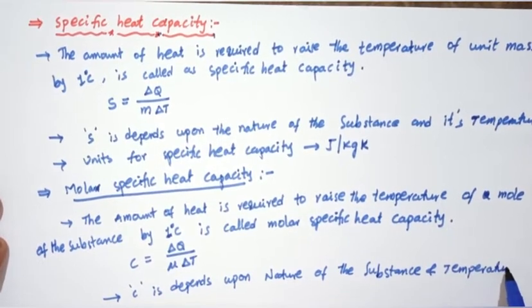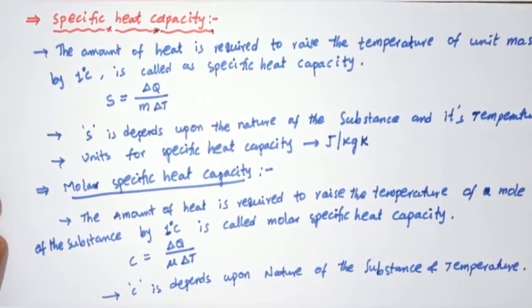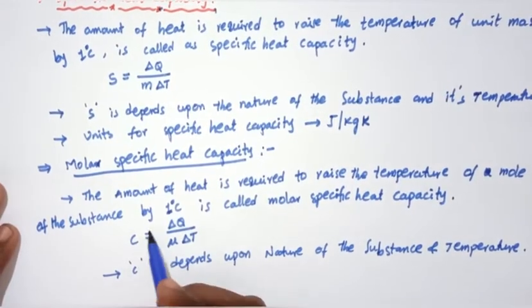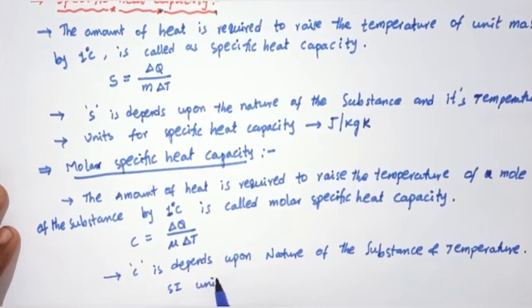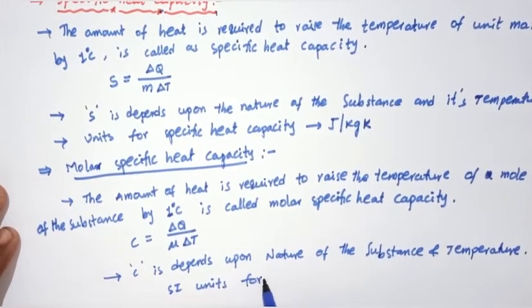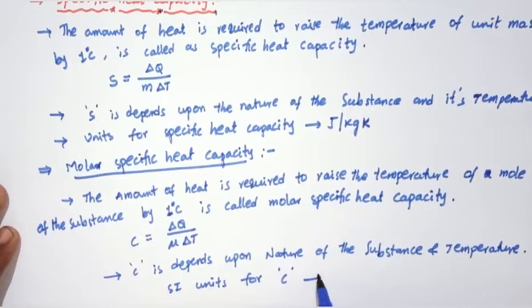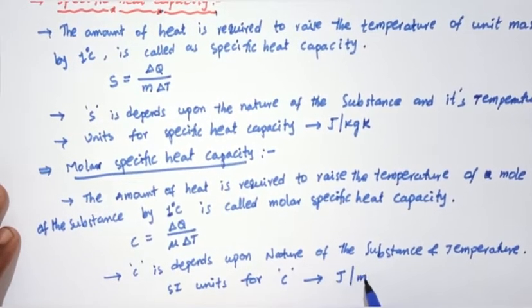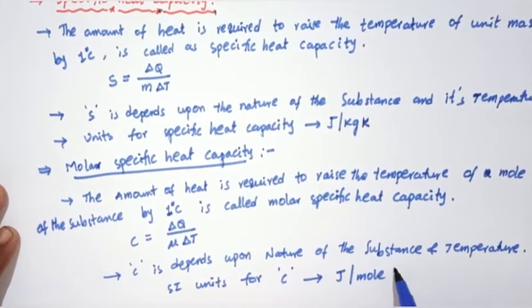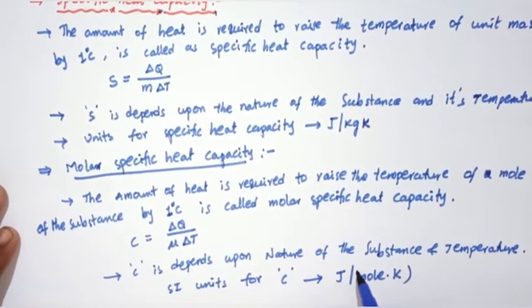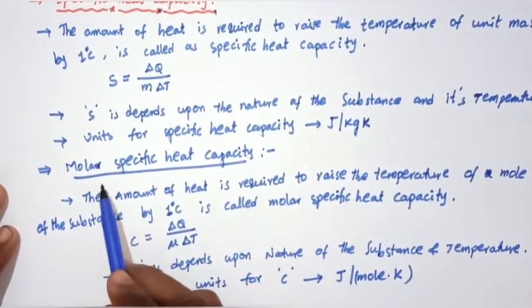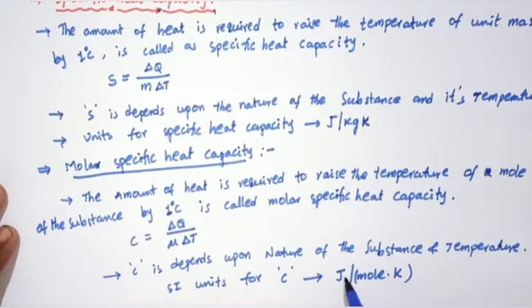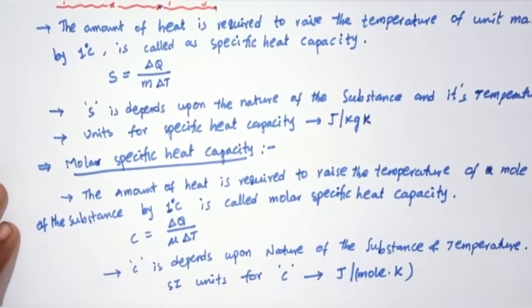The SI unit for C, the molar specific heat capacity, is joule per mole per Kelvin.